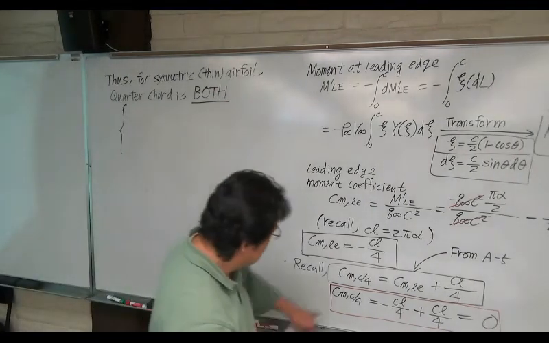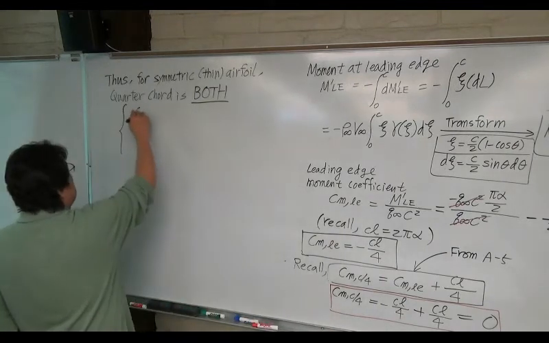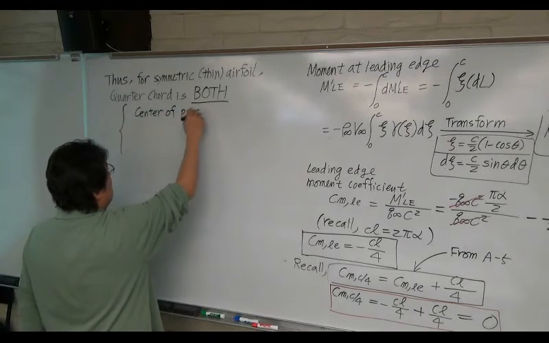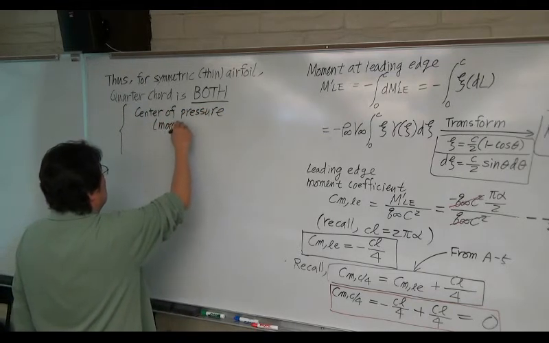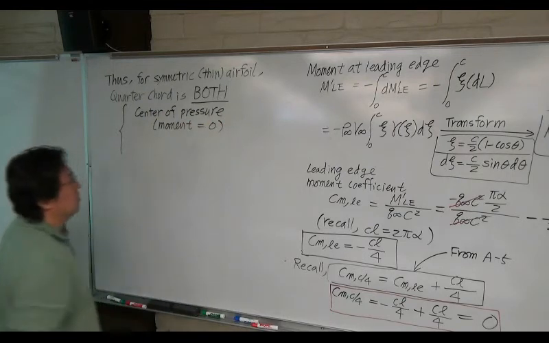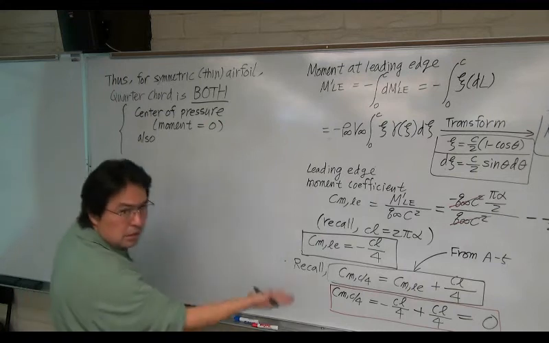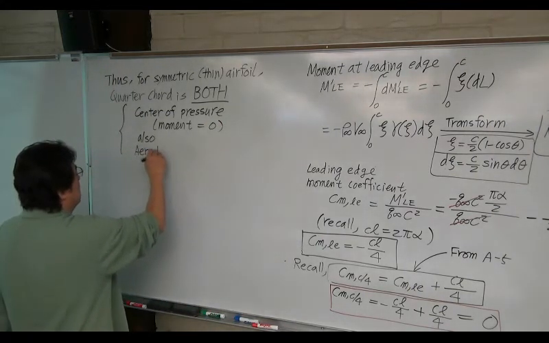First of all, what is the location where the moment coefficient becomes 0? That's the center of pressure, right? Moment is 0. Also, 0 and then 0 is constant. So this is the aerodynamic center as well.